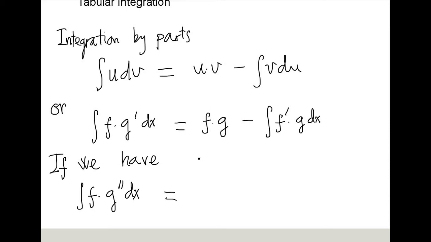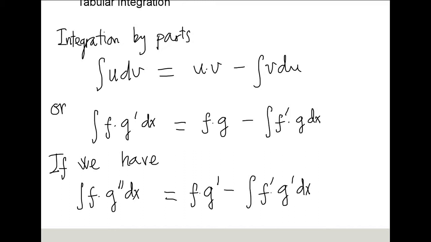Well, we just apply the previous formula right here with g replaced by g prime, right? If we replace this g right here with g prime, then we will have g double prime. So the formula becomes like this: f times g prime minus the integral of f prime g prime dx.